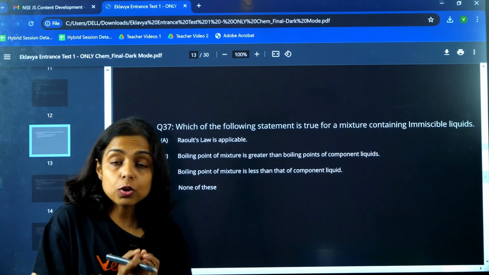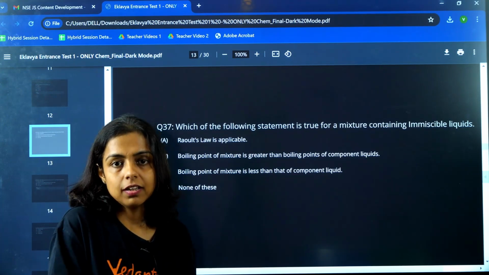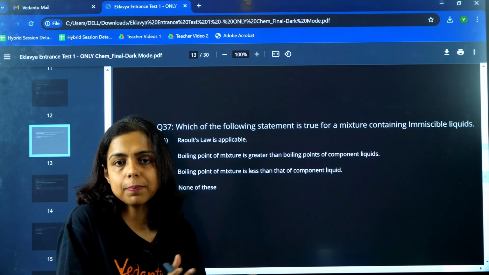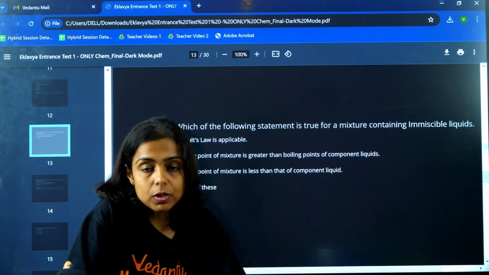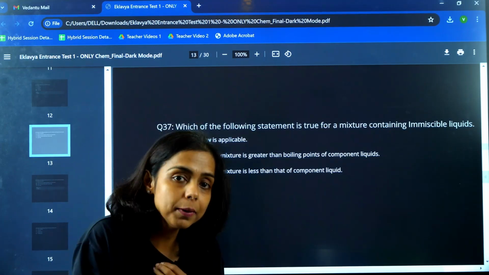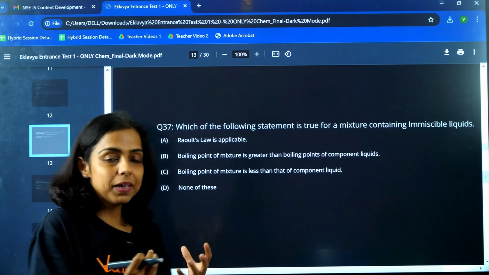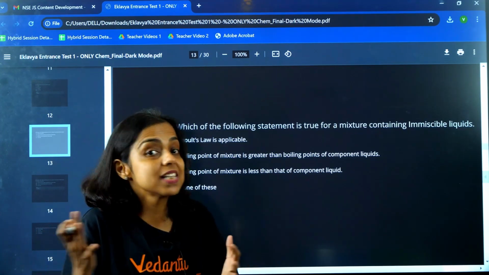So total pressure will be more than the pressure of either component, because P total is simply PA plus PB. That means the boiling point of that mixture will be less, because the more the vapor pressure, the lesser the boiling point.